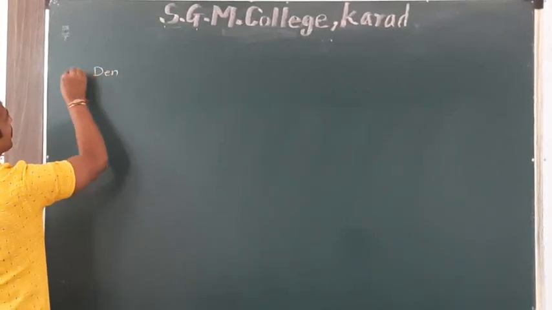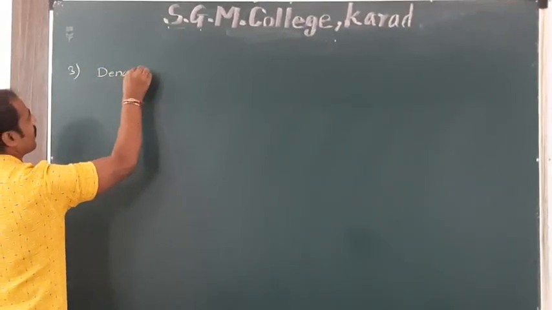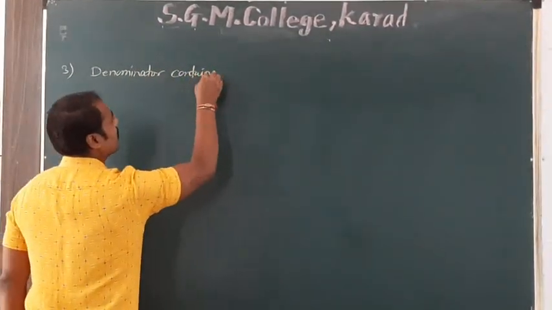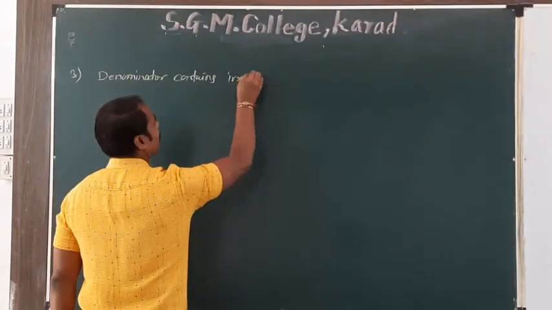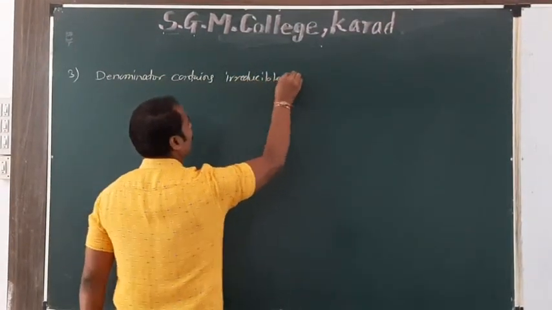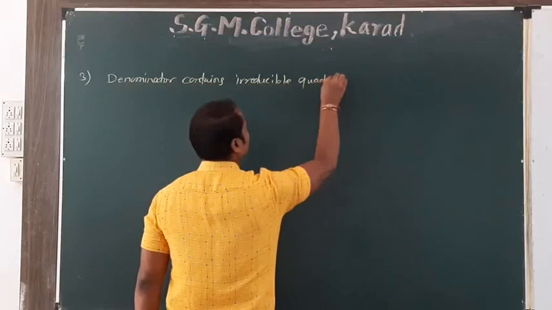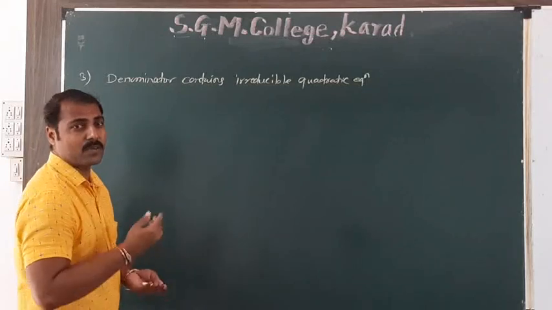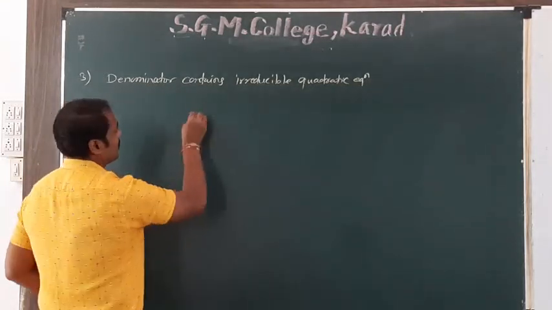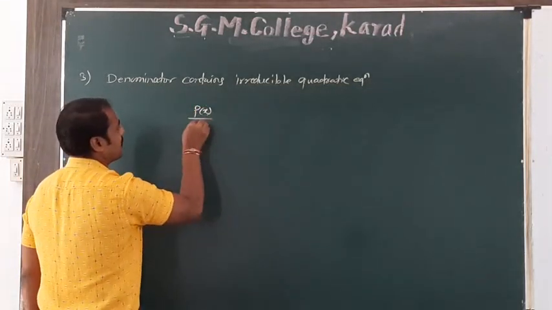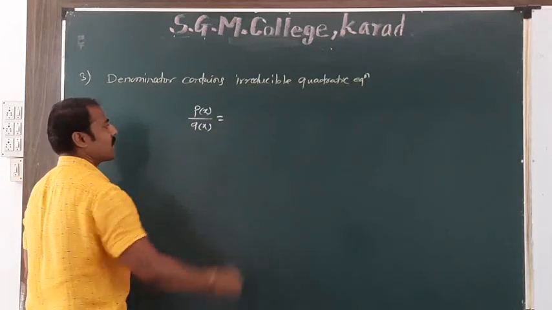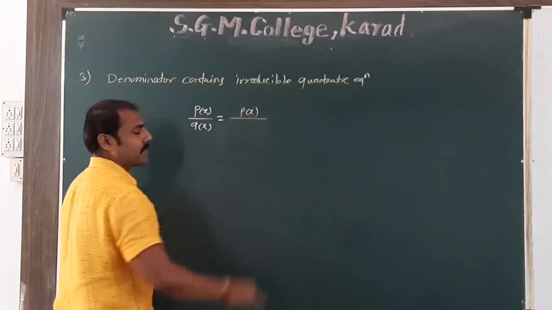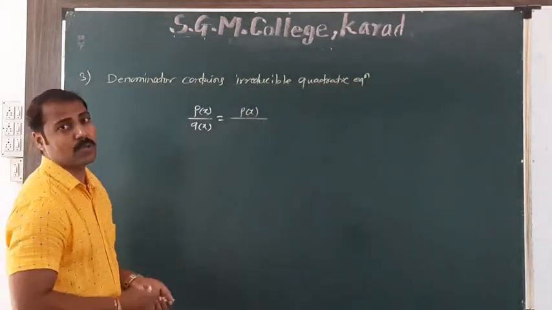Denominator contains irreducible quadratic equation. So the fraction is p of x divided by q of x, where p of x numerator is whatever it may be, but the denominator contains an irreducible quadratic equation.